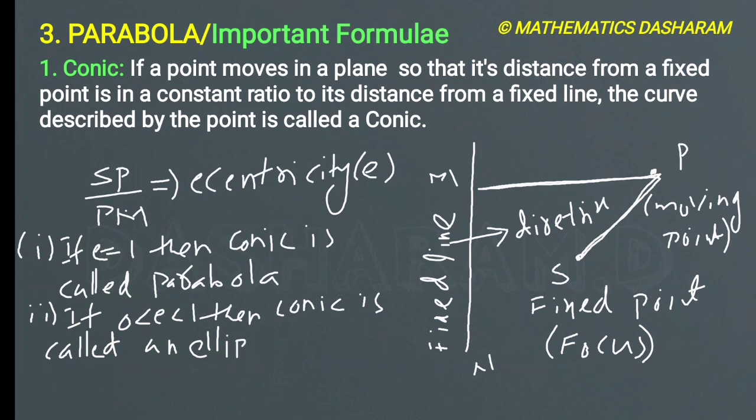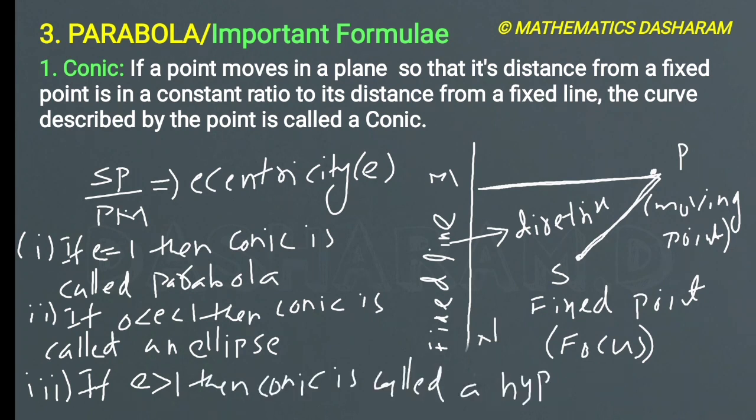In the third case, if e is greater than 1, then the conic is called a hyperbola. So these are the three important cases.